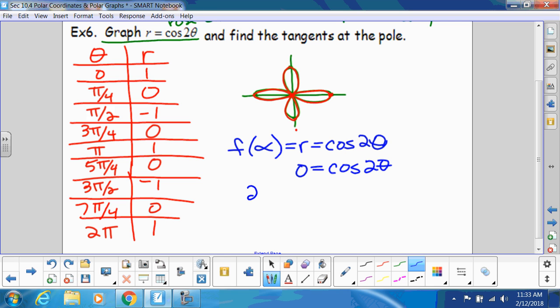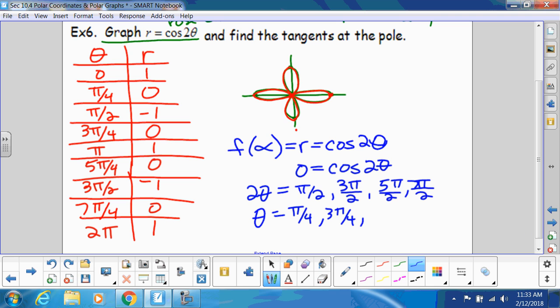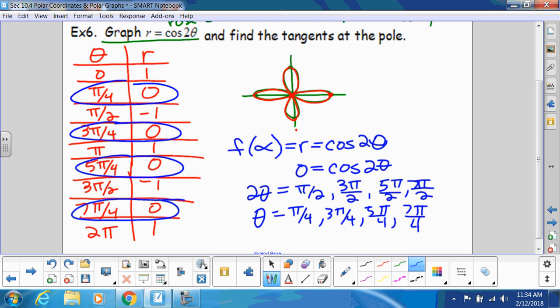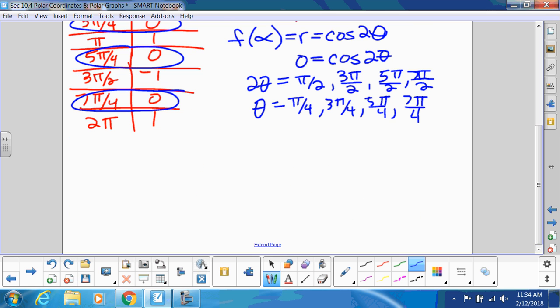Again, we've already discussed why we need to extend that out: alpha needs to be a full cycle of 2 pi. So we're talking about pi over 4, 3 pi over 4, 5 pi over 4, and 7 pi over 4. We could actually see that if we charted it out. Those are the values where we're getting a radius of 0, so that's when the graph occurs at the pole.